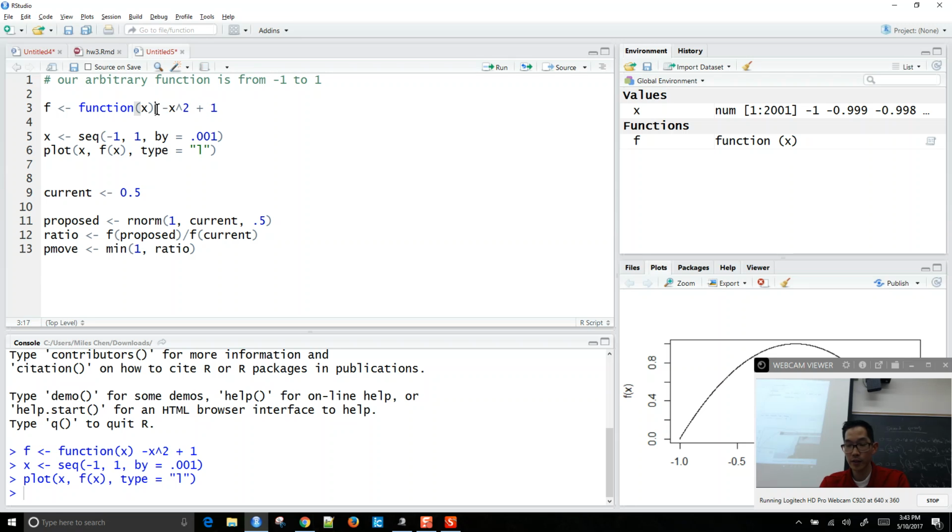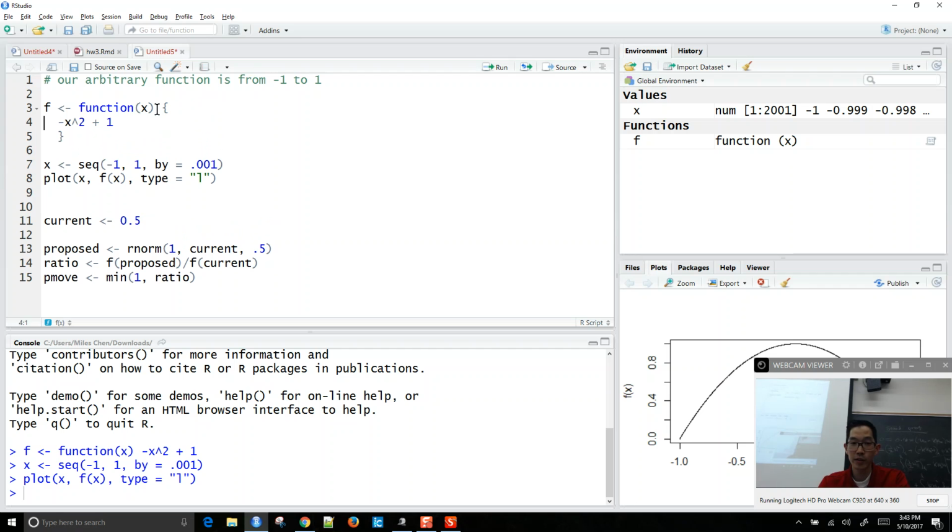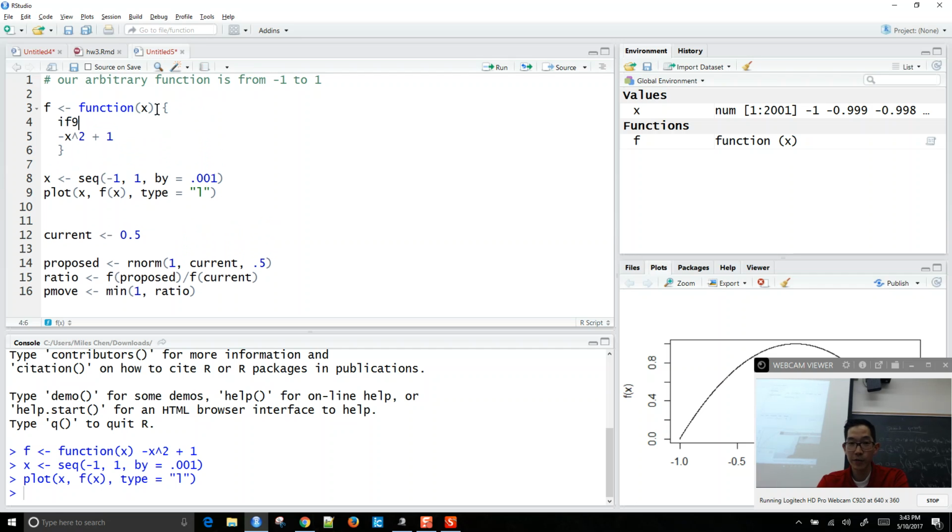So I'm going to just add some cases here, and I'll say if x is greater than 1, or x is less than -1, then return 0.